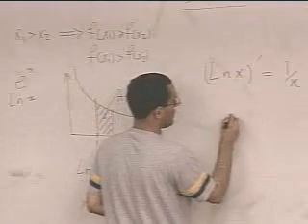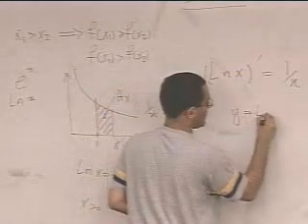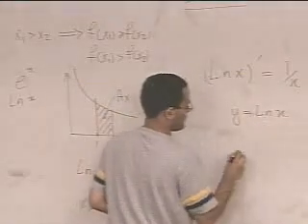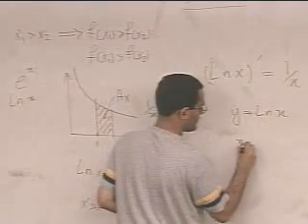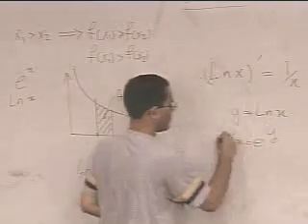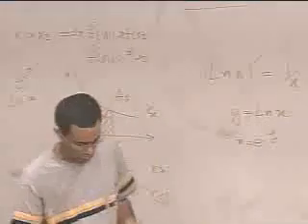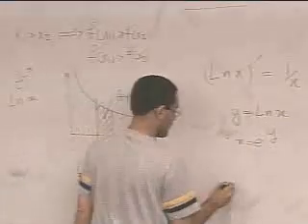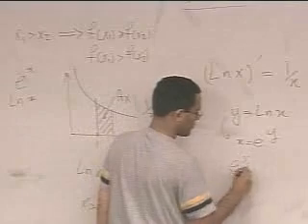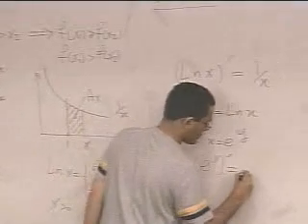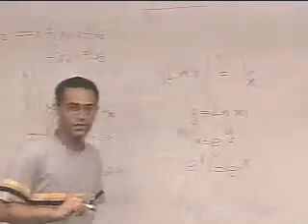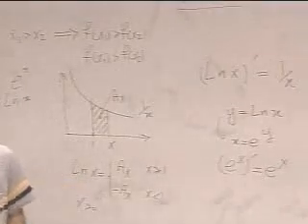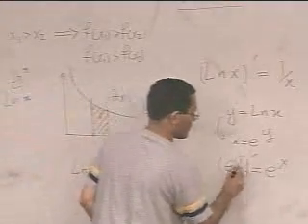So, for example, if we have y equals ln of x, then x equals e to the power of y. It is just the inverse of that function. And what you should remember is that e to the power of x, its derivative is itself. In fact, it's the only function whose derivative is itself, up to a constant.